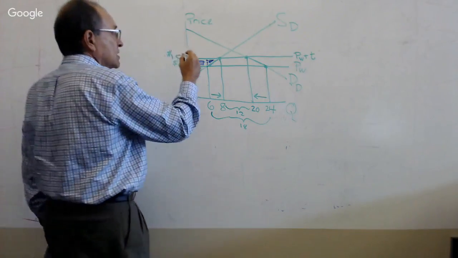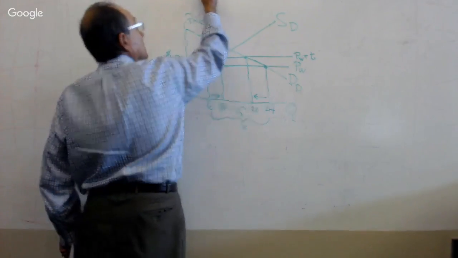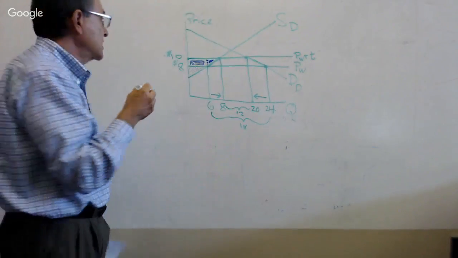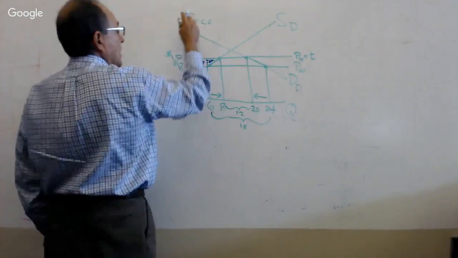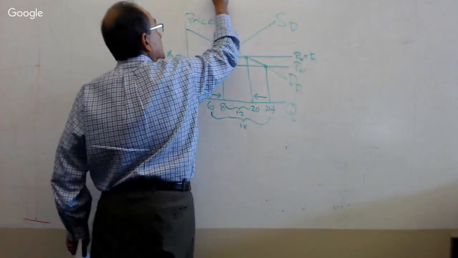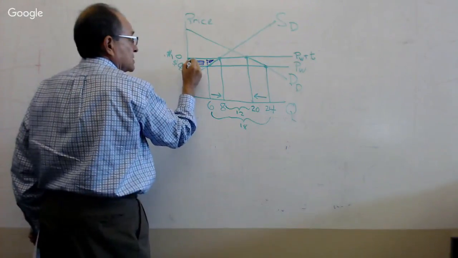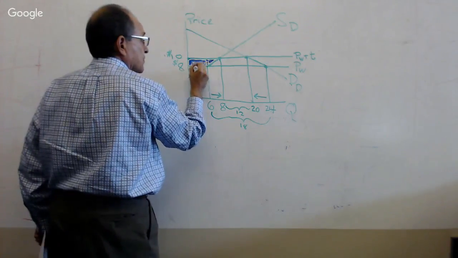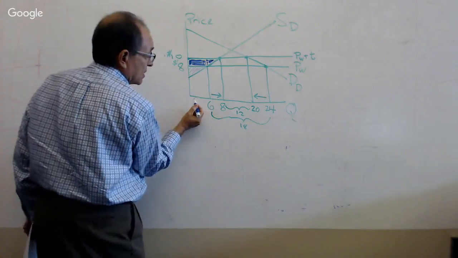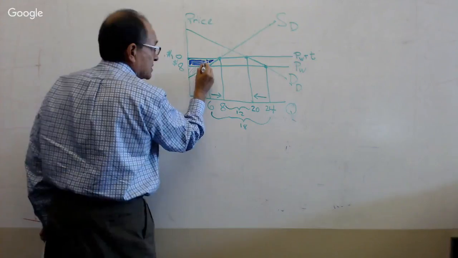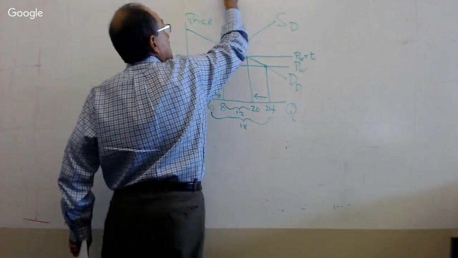To get the rectangle, if you recall the formula for an area, is 1/2 the height times the width. The height is the price increase, so that's $2. The width is 6 units, the original 6 units.